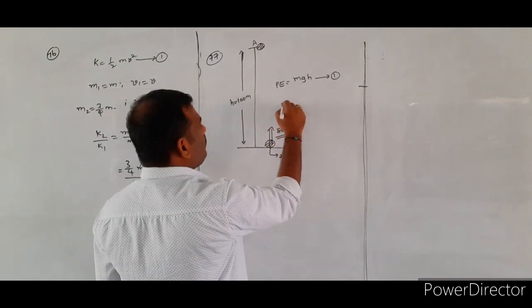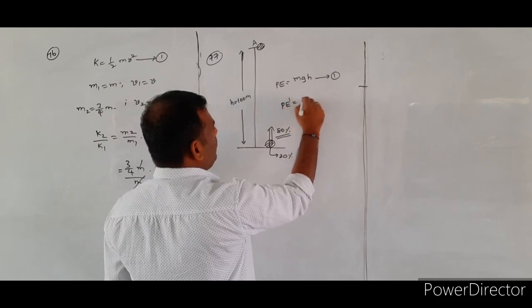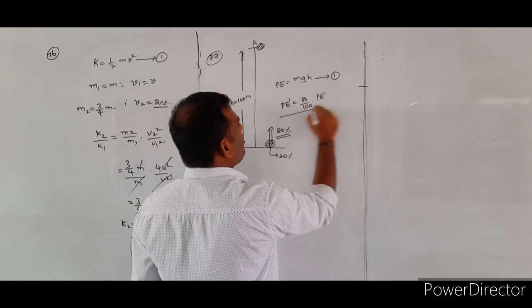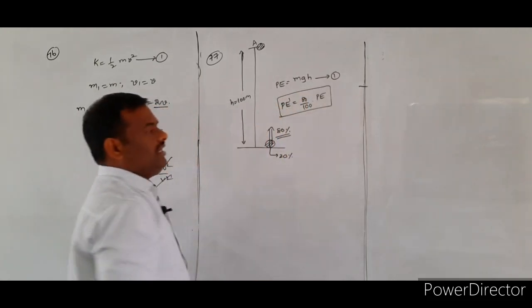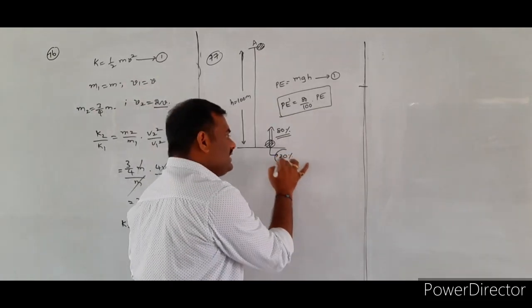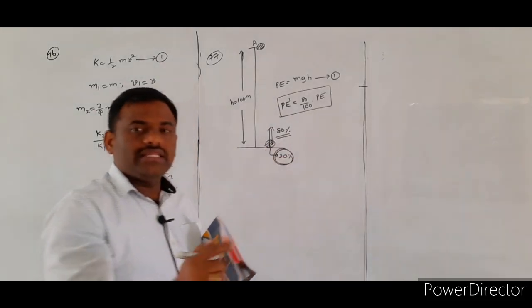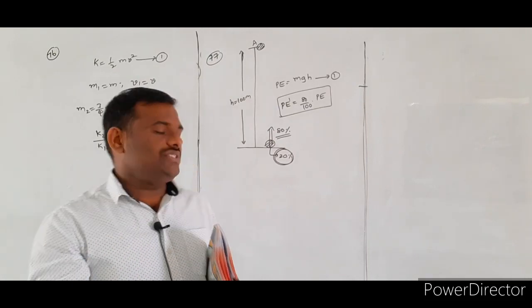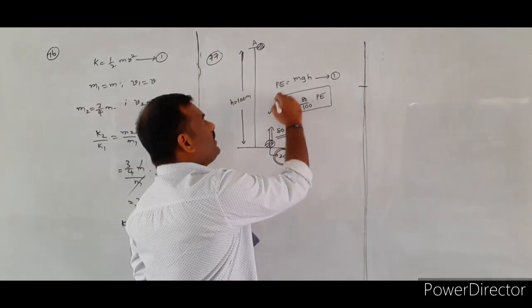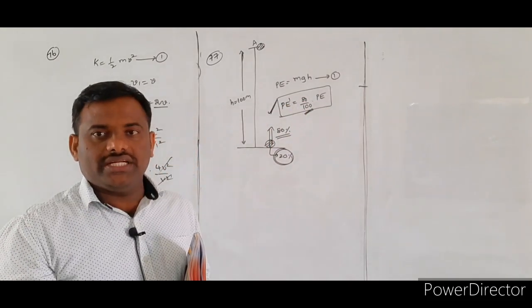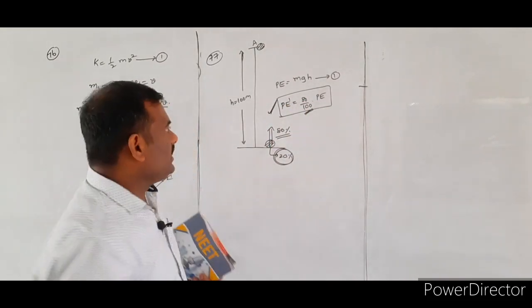So, the final potential energy will be 80% of the initial potential energy. The ball will be moving in the upward direction with an energy of 80% of the initial energy.